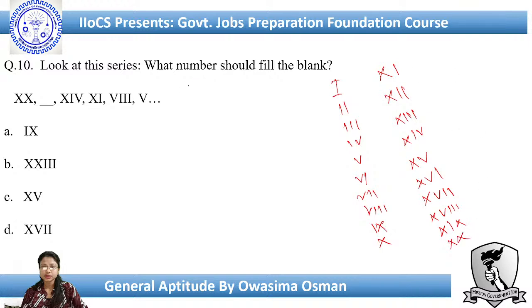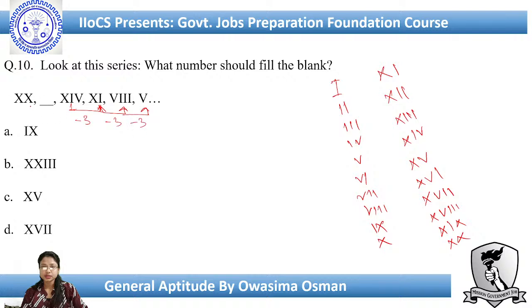So in this series, this is 20, this is 14, this is 11, this is 8, this is 5. Here we can see that 11 is less by 3 than 14, 8 is less by 3 than 11, and 5 is less by 3 than 8.